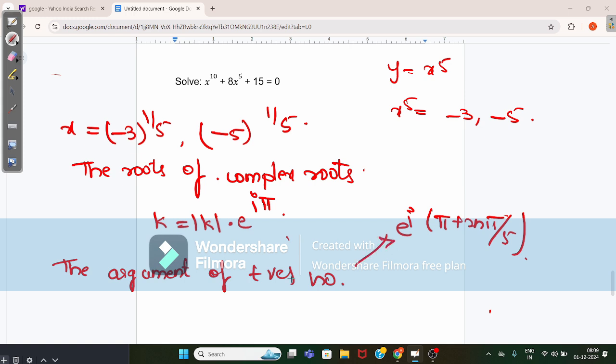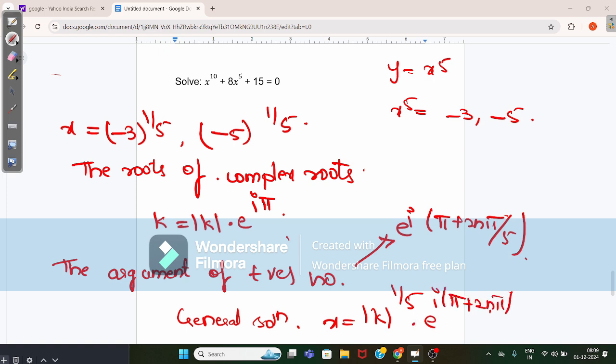So the general solution is x is equal to mod k into 1 by 5 into e power i pi plus 2n pi by 5, where the value of n is 0, 1, 2 and so on.